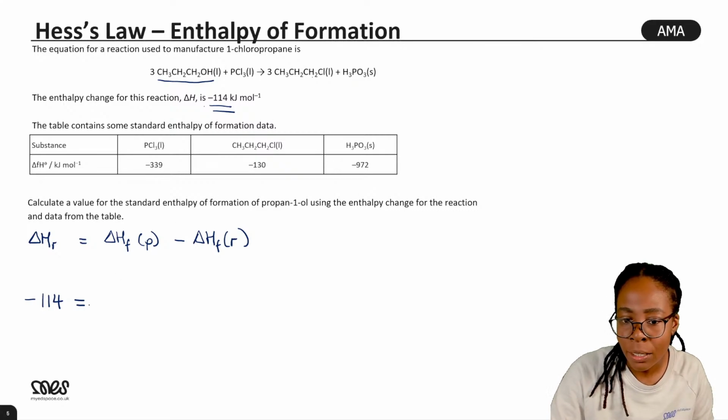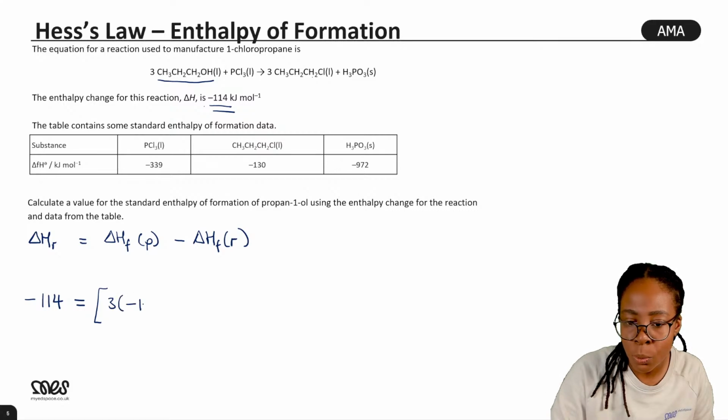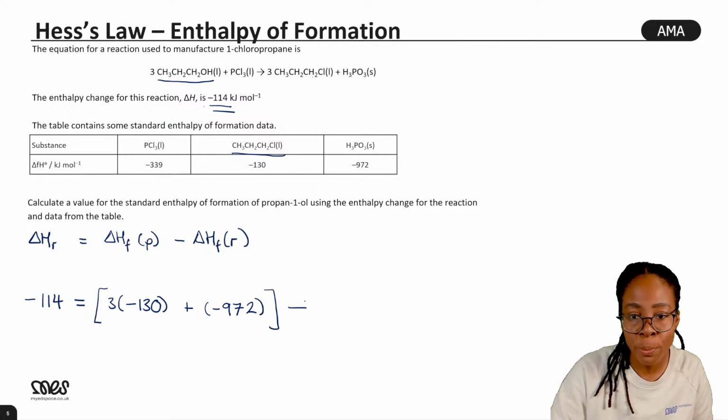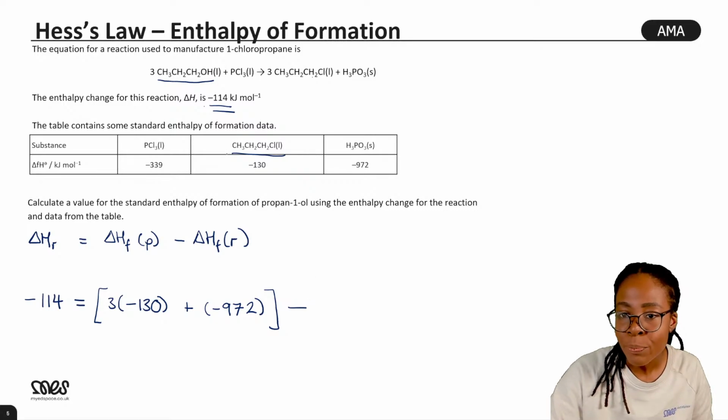So that would be 3 times minus 130, so 3 times our chloropropane, plus our H3PO3, minus the enthalpy changes of formation for our reactants.